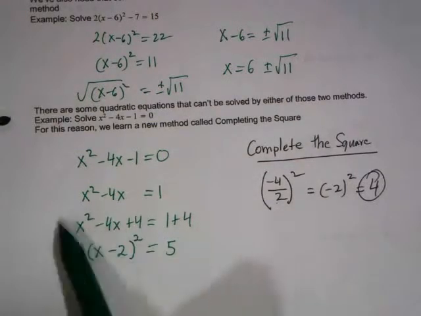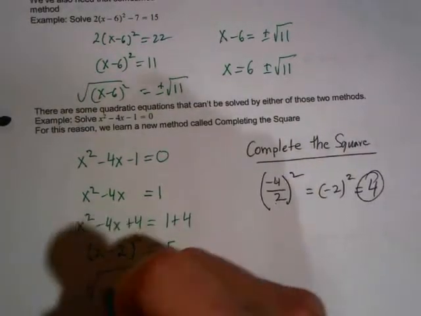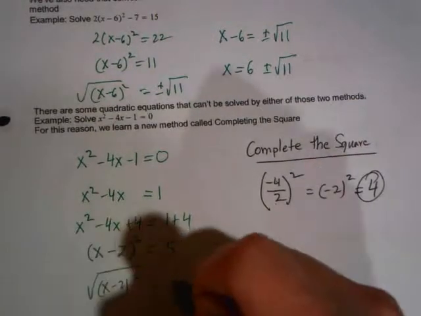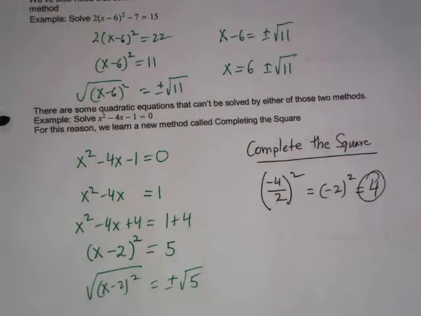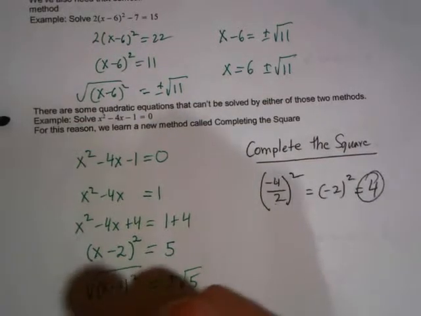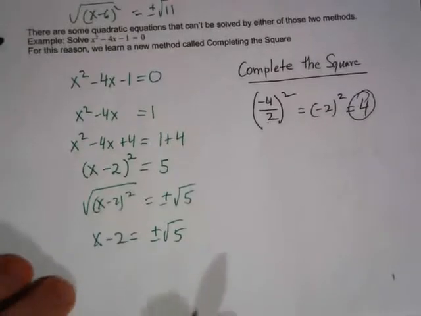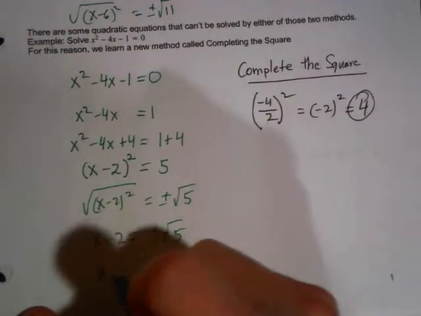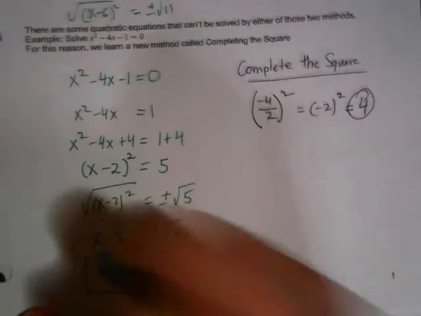You do a little bit of work, and now you can use the square root method. We take the square root of both sides, and as always, we remember when we do square roots, there are two of them. So x minus 2 equals plus or minus square root of 5, and we add. X equals 2 plus or minus square root of 5.